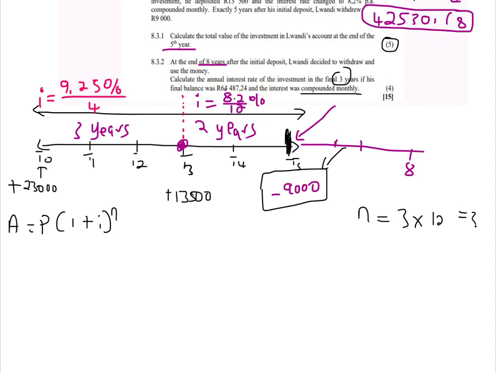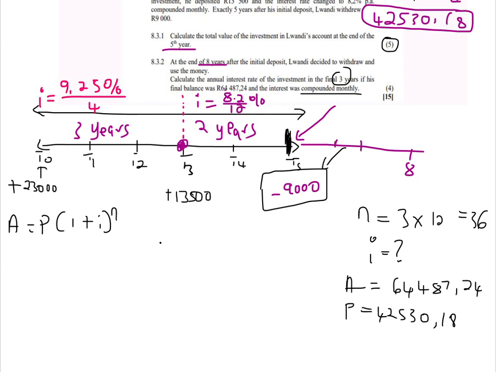Okay, so that's the value of n, and the interest rate we do not know what it is, and the final amount A is given, they will have 64,487.24, and the initial amount is the amount which you withdrew, this 42,530.18.